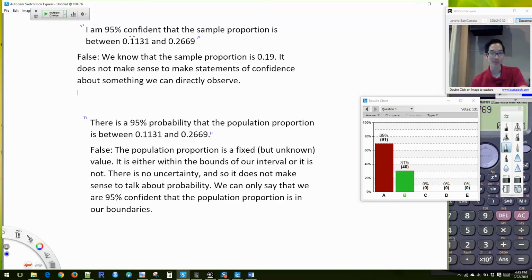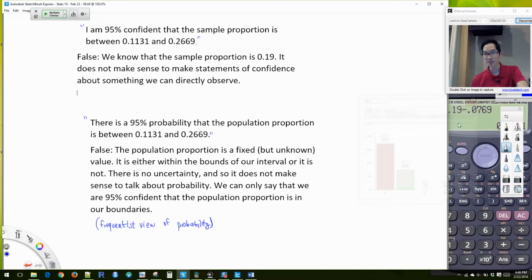I should say this is what we call the frequentist view of probability. If you take more statistics in the future, you might learn about Bayesian probability, and then everything is different there. We talk about belief intervals.